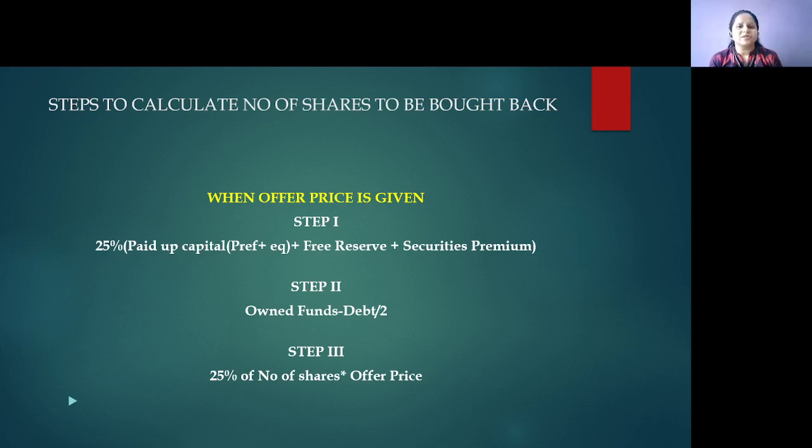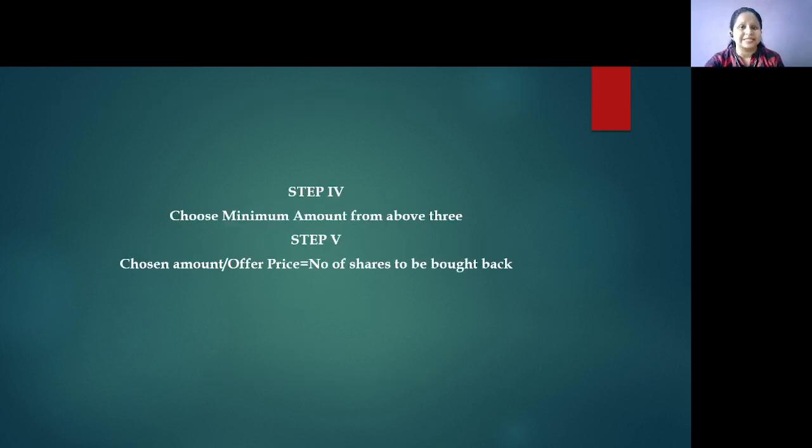So let us focus right now on level 2. Level 2 says that the offer price is there and we have to calculate the number of shares to be bought back. So what steps are to be followed? There are a total of 5 steps given. On the screen you can see 3 steps, and the 4th and 5th steps are in the next slide.